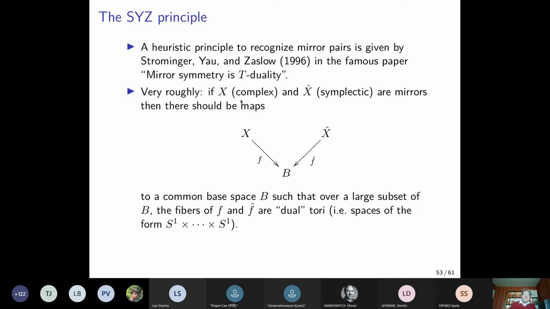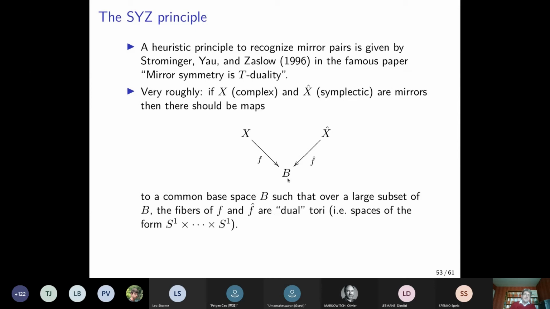So it says, very roughly, because there are more things, if we have a complex space, then to get to its mirror, we should consider a fibration to a base, and then to get the mirror, it should be a fibration by tori.